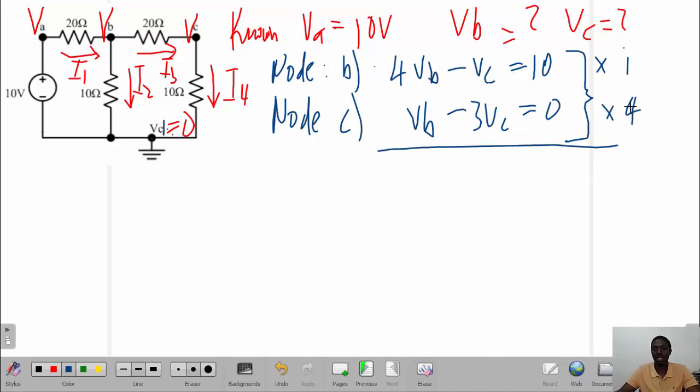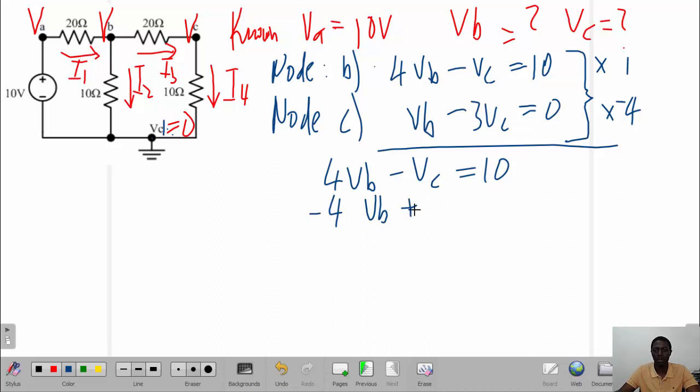So when we do that, we get the equation. The first one is maintained, 4VB minus VC equal to 10. And what we have here, we can have a minus here, so that we get minus 4VB.